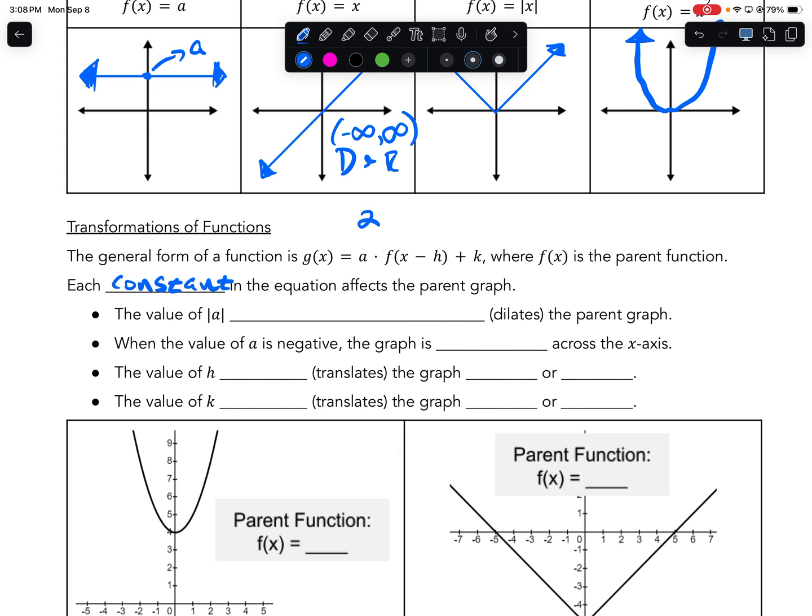So if we had a number like 2 times x minus 3 squared plus 4, the constants would be 2, 3, and 4. In this general equation, h comma k is the vertex.